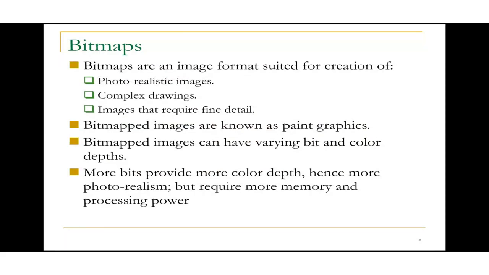Now, you notice that the word bitmap has the bit part. It's about bits. It's about creating a space, or something being developed by a combination of bits, and that is what we did. We talked about the concept of bit depth.